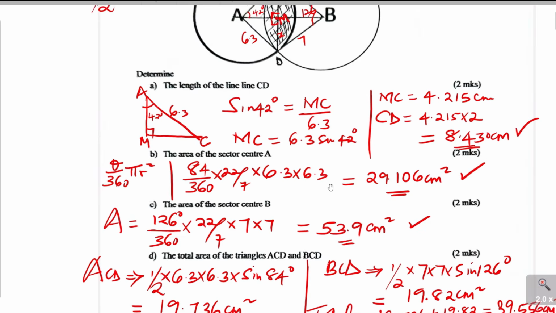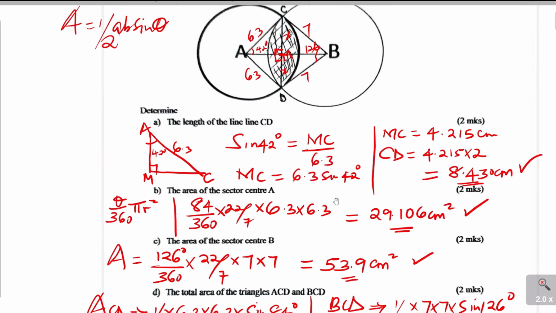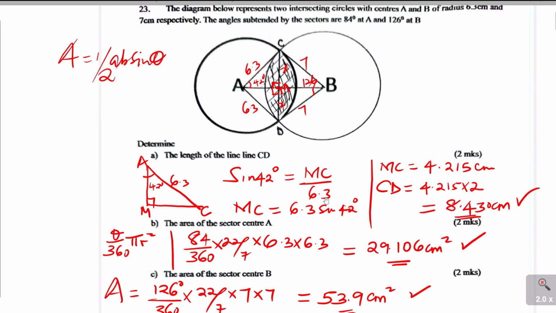You can decide to calculate the areas of the sector separately, then you subtract the area of the triangle. So when you look at this question, on this side where we have center A, if you want to get the area of the shaded region, you get the area of the sector, then subtract the area of the triangle. The same thing will happen on the other side.